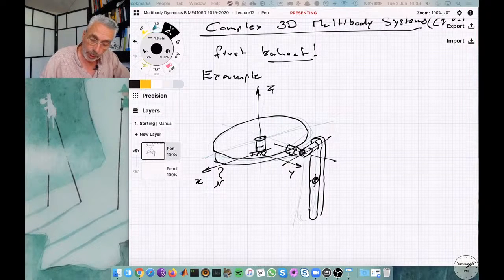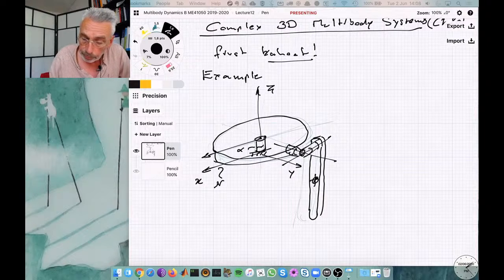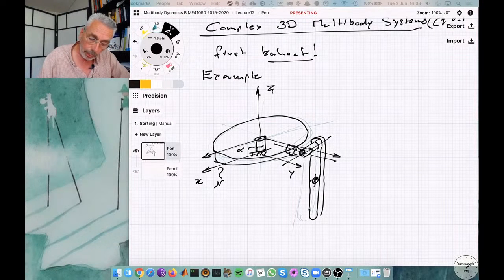And then here we have a hinge with a rotational angle alpha, and attached to this disk is another coordinate system, the body-fixed one. Let's put a B to that, and we call it B1 because that's body 1. And again, X prime, Y prime, and Z prime. That's identical, because this is the axis of rotation.